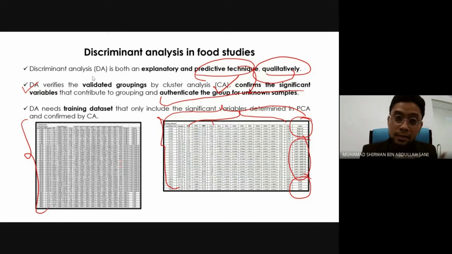But in this case, what I propose is that if you have different ways of discriminating your samples for authentication, it is good to compare these different features first, and from there you can choose which discriminant analysis model is the best, instead of just following previous people's studies without conducting your own discriminant analysis test.